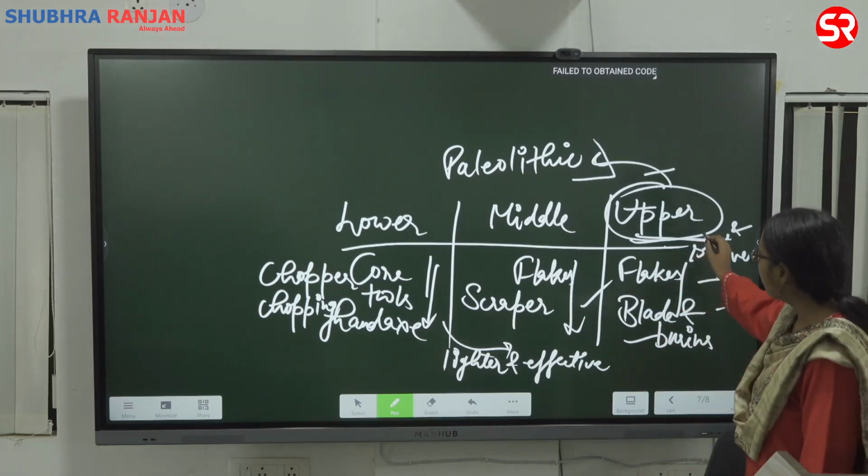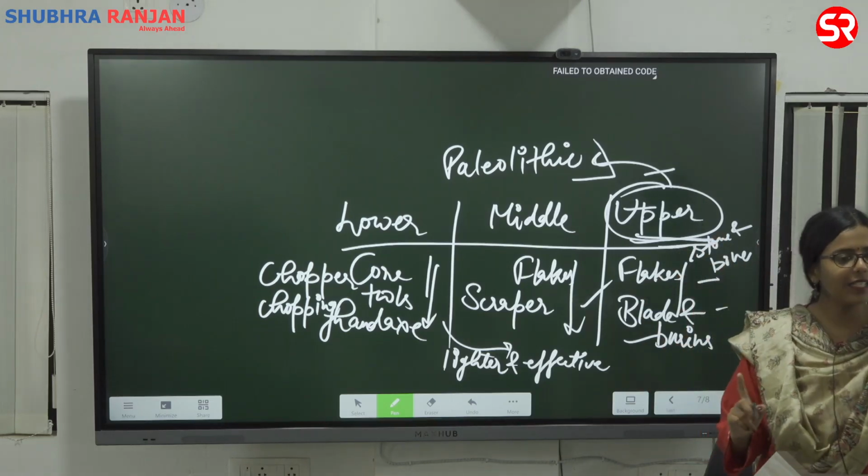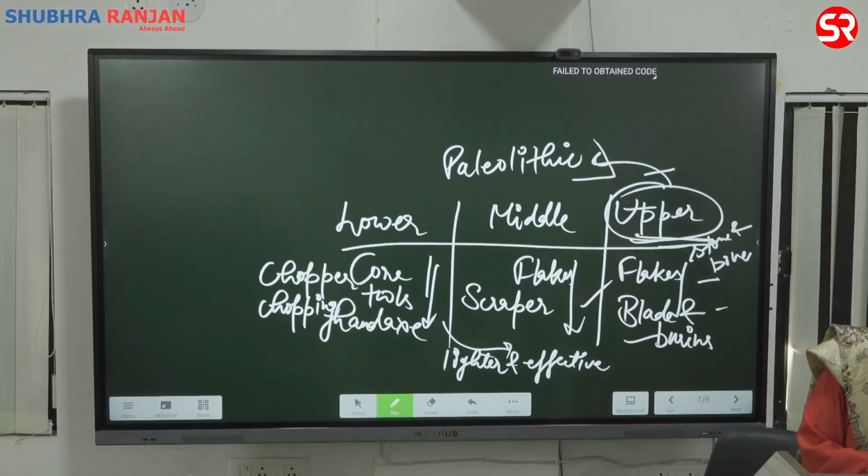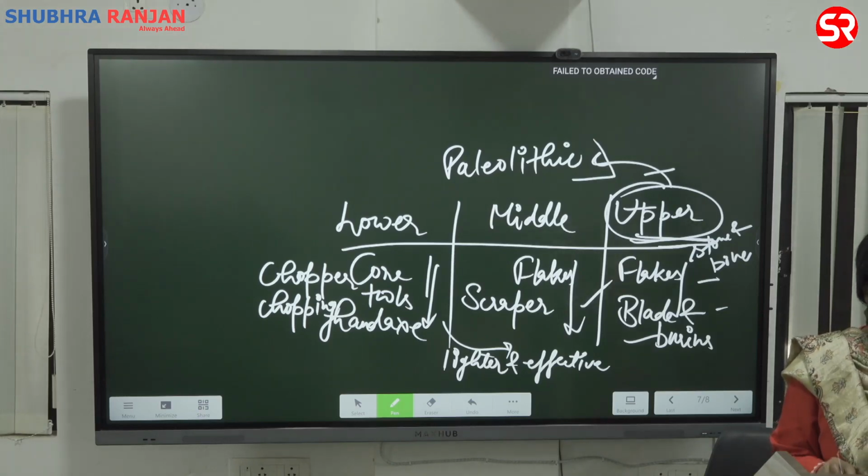Okay, so this is one of the factual details that you should remember. Rock paintings started in upper Paleolithic age.